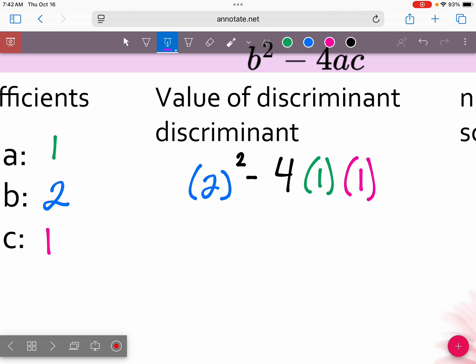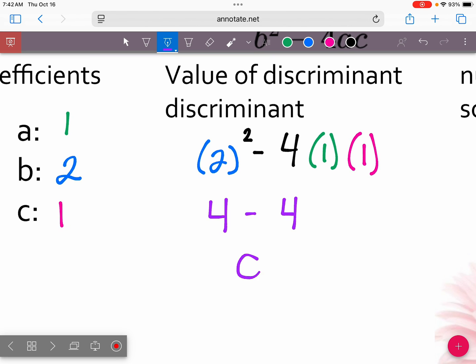What is 2 squared? 4. And then 4 times 1 times 1, that's just 4. So we have 4 minus 4. 0. So the value of our discriminant is 0.